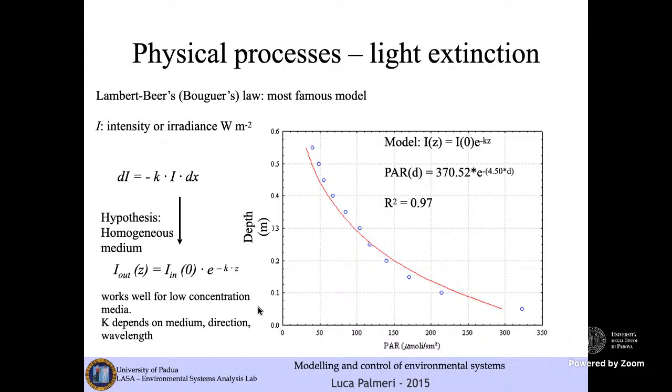And k, the light extinction constant, depends on the medium, on the direction, on the wavelength, and on several factors that are related to the characteristics of the water body we are looking at.